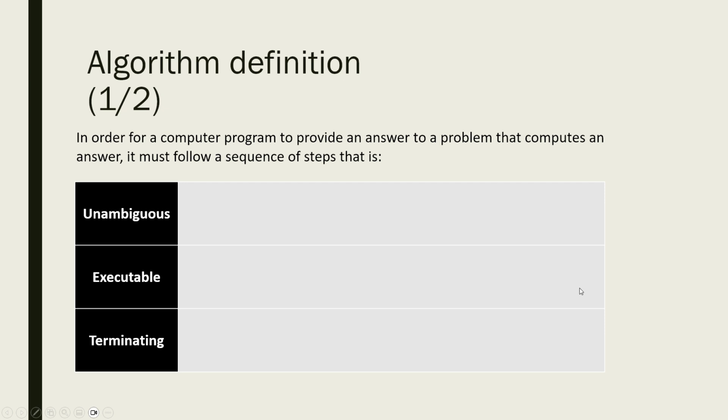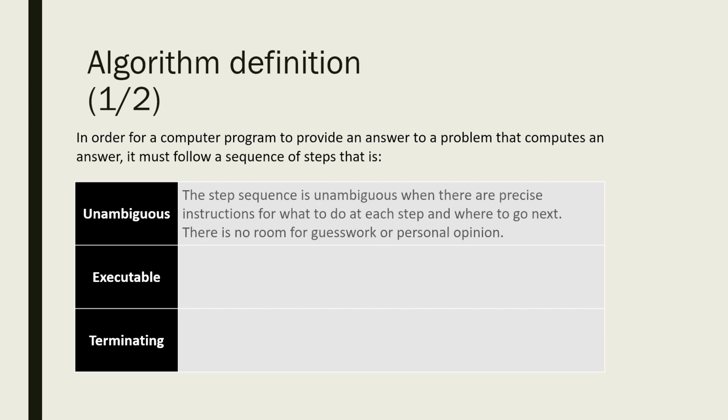An algorithm can be defined through these three objectives: unambiguous, executable, and terminating. The first, unambiguous, means that every step is precise. Every instruction cannot be misunderstood. Every instruction has only one meaning and one way to be executed.